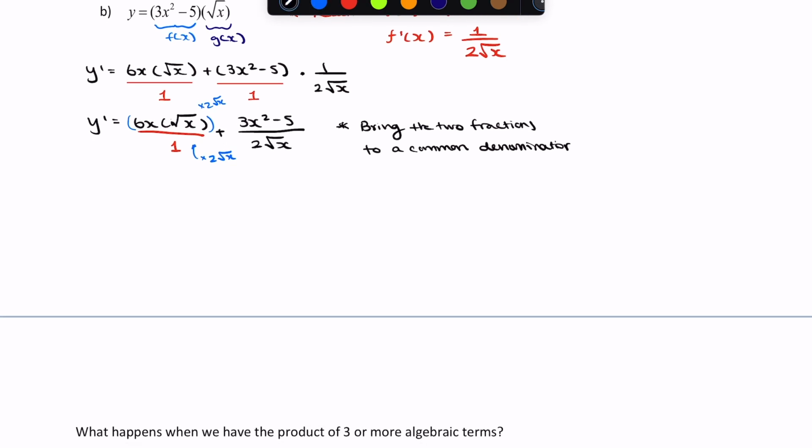So what that leaves us with is we have y prime is equal to 12x times x plus 3x squared minus 5 over the common denominator of 2 square root x.